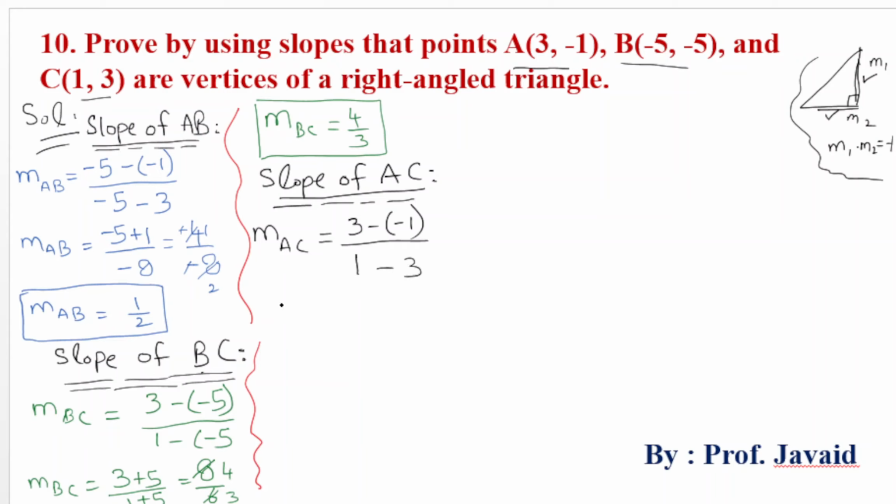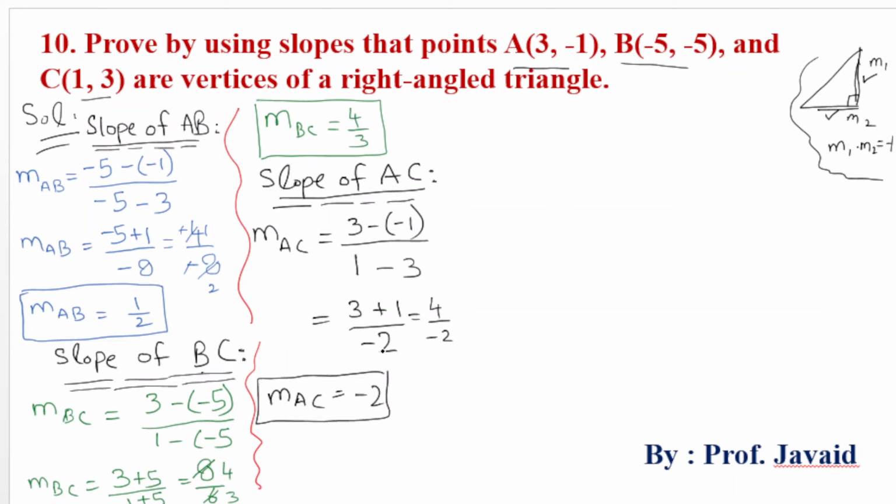I think students shouldn't be confused about putting in the points. So 3 plus 1, because negative negative is positive, and 1 minus 3, greater values have the negative sign, so -2. So the slope of AC is 4 by -2, which is -2, after solving with the help of a calculator.